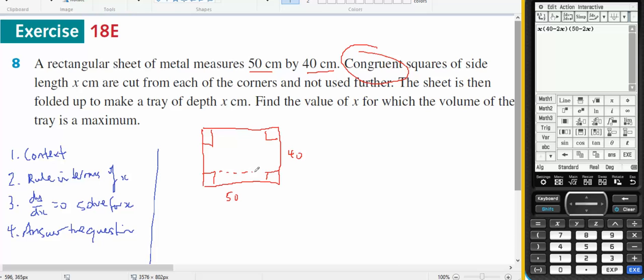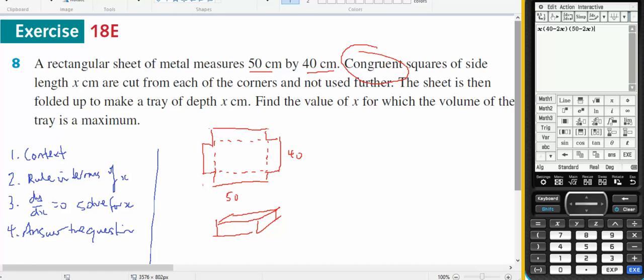which will leave that. Along the dotted line we fold it, and we're going to fold it into a tray that looks like this. So when I cut out the corners, I'm going to lose these bits. And that's going to fold into a tray.